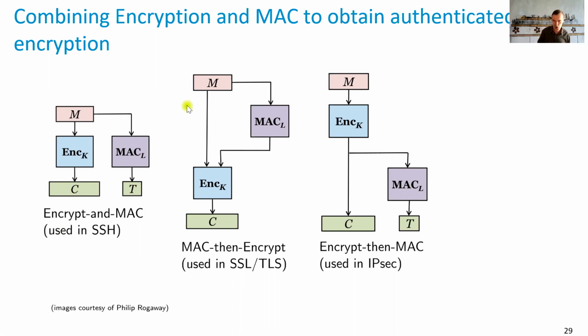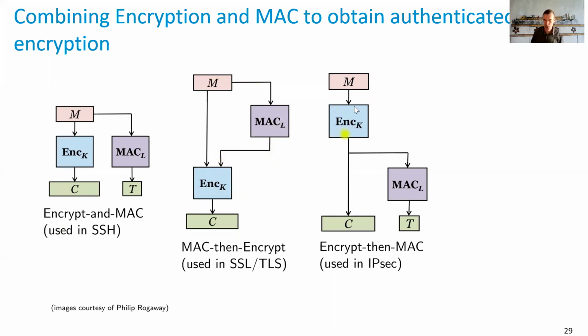You have variants of this. For example, you could first compute the tag, then add the tag to the message, and then encrypt it. Now, the receiver must have both the decryption key, which is the same as the encryption key, and the tag key, capital L. So the receiver will first decrypt the message, then obtain the plain text plus the tag, and then verify the tag with the key L. That's the second method.